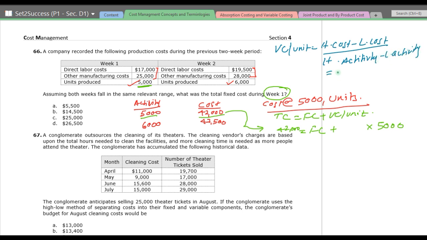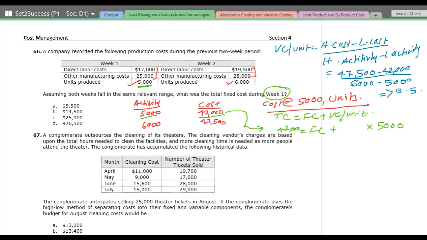So the highest cost is 47,500 and the lowest cost is 42,000 by highest activity 6,000 minus 5,000, which comes to be 5.5.